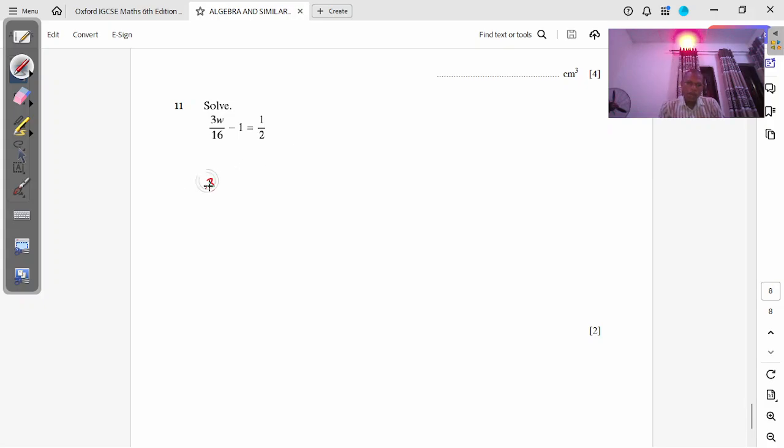I can move minus 1 across to the right hand side. So I have 3w over 16 is equal to half plus 1, which is 1.5, which is 3 over 2.